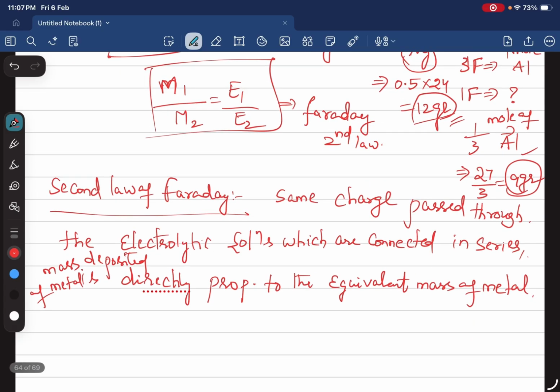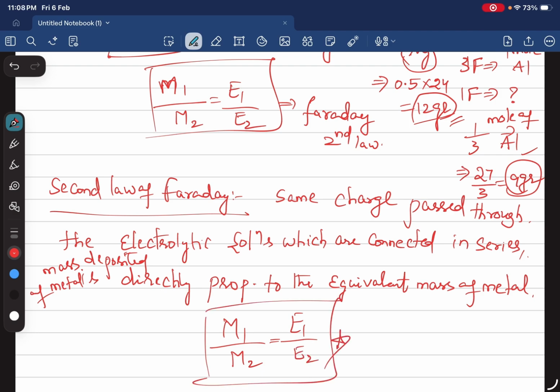That's nothing but m1 by m2 equals e1 by e2. So this is called Faraday's second law. That indirectly tells the first law only.